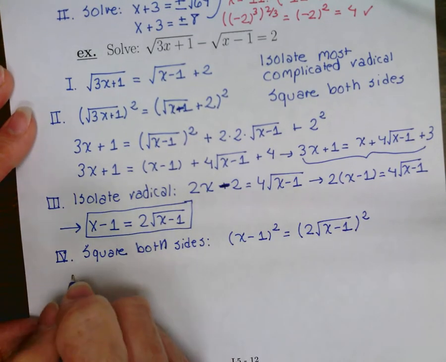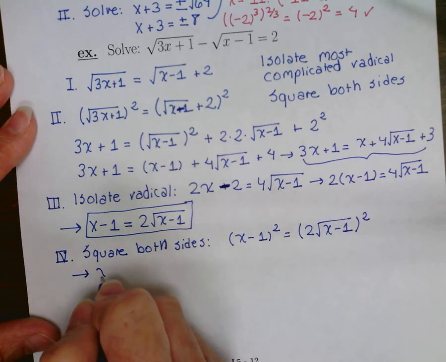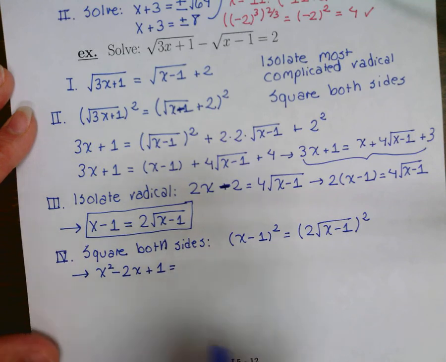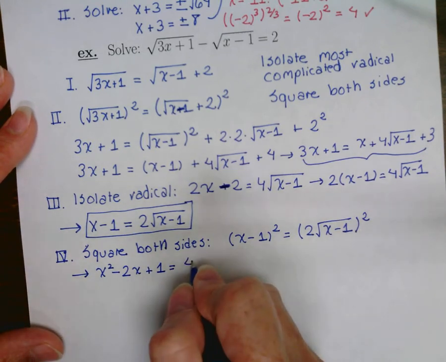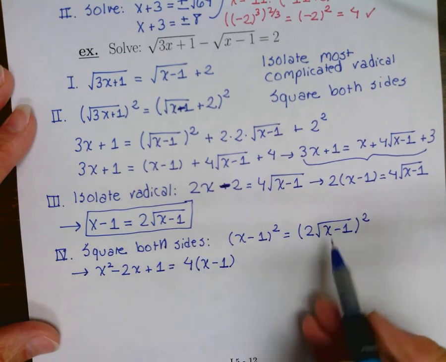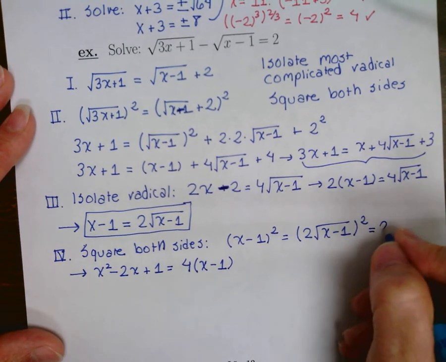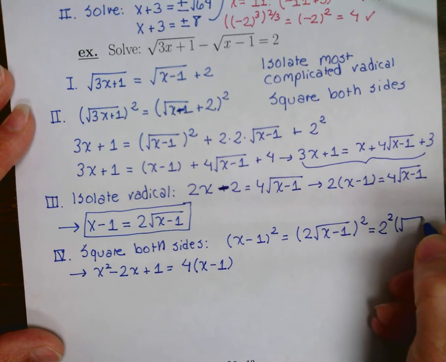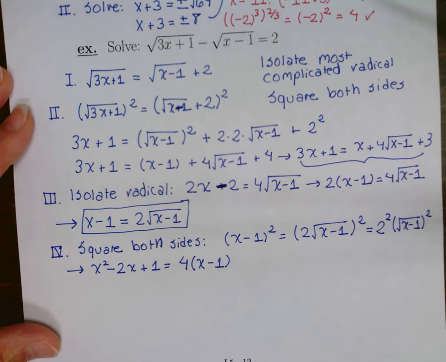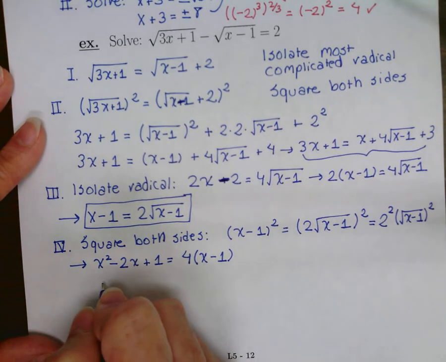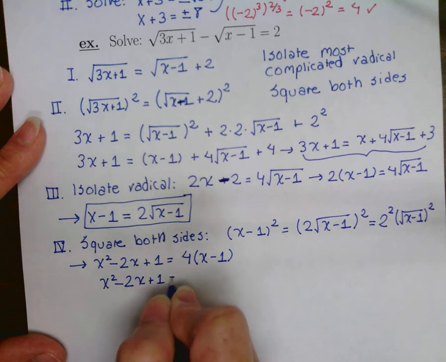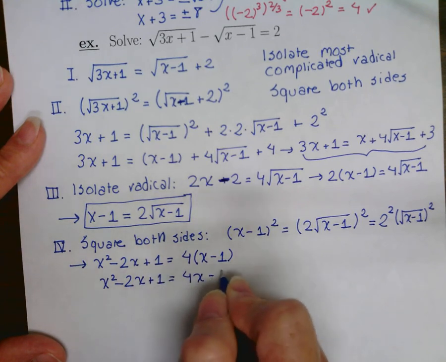And again, this is going to be x squared minus 2x plus 1. And here we get 2 squared, which is 4, times x minus 1. Don't forget to square both the 2 and your radical. Okay? Be very careful about that. So x squared minus 2x plus 1 equals 4x minus 4.